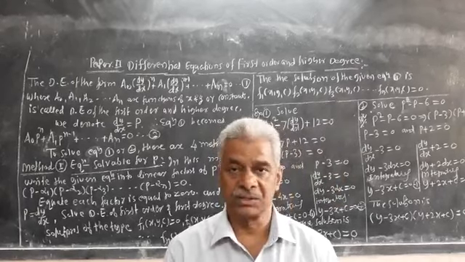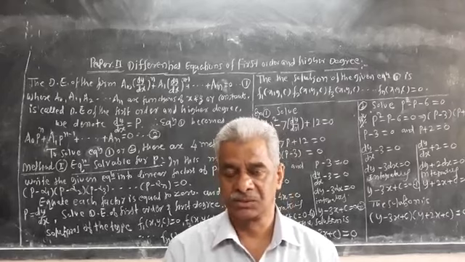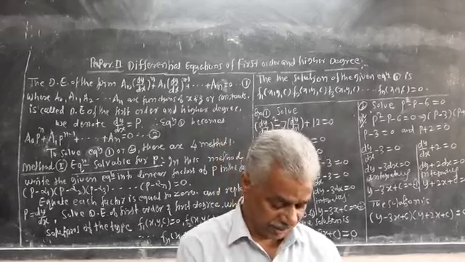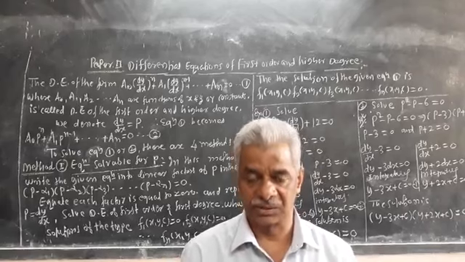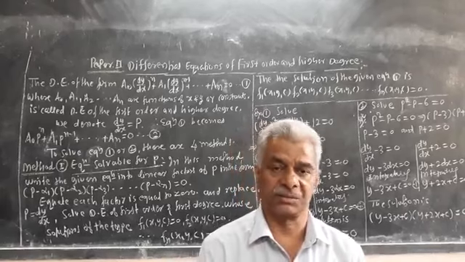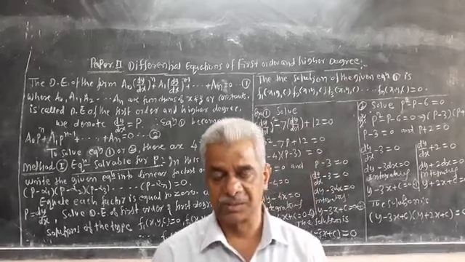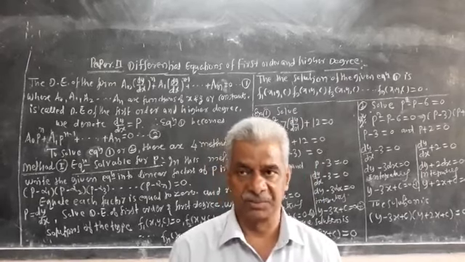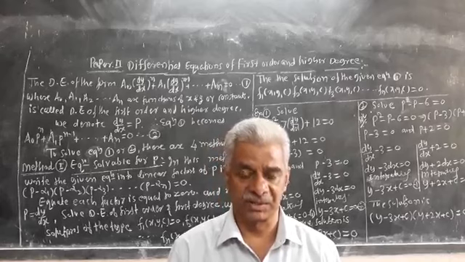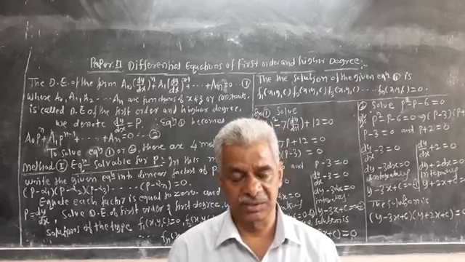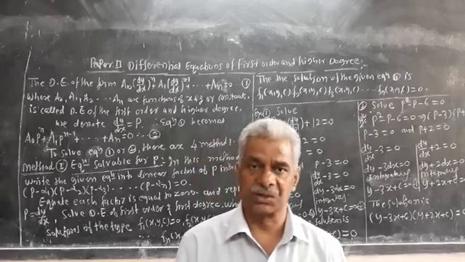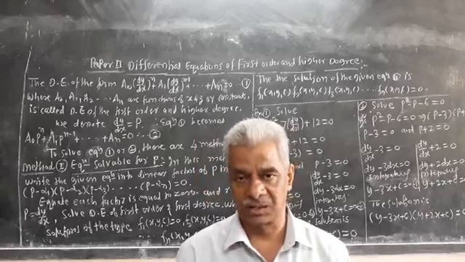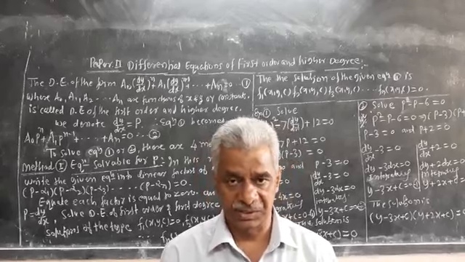Also, you know the different methods to solve the differential equation of first order and first degree. There are so many methods. For example, separable or variable, homogeneous, non-homogeneous, linear differential equation, exact differential equation; all these are methods to solve the differential equation of first order and first degree.